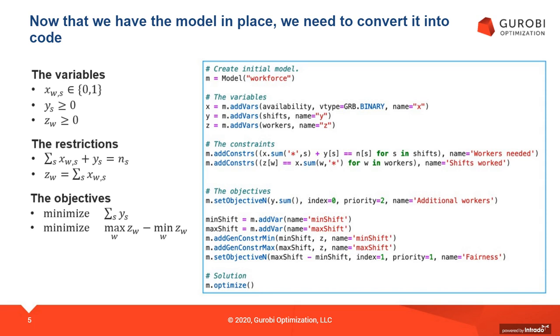And the power of Gurobi is that it's even more flexible. You can say I will allow a certain amount of reduction in my objective. So say, for instance, I will allow one additional worker if it gets me a fairer schedule. This is really a way that you can be very, very granular in the way that you drive your optimization and what you want to get out of it.